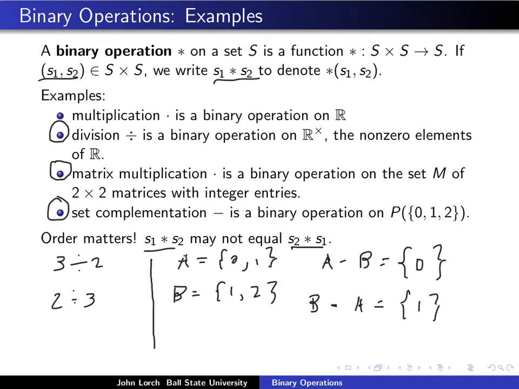Now for multiplication, our very first example that we talked about here, for multiplication on the real numbers, order does not matter. If you take 2 times 3, you get the same result as 3 times 2. However, we just need to keep in mind that for binary operations, it's not a given that you can multiply things in any order.